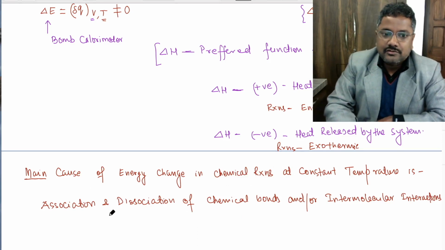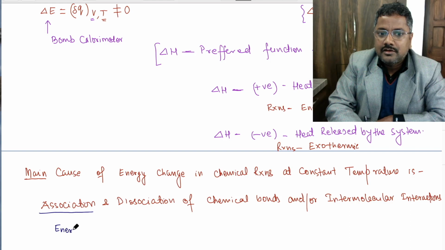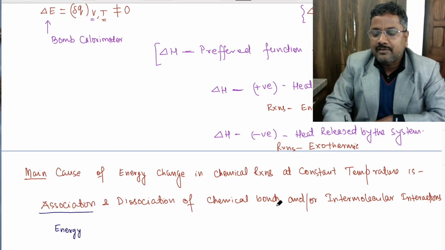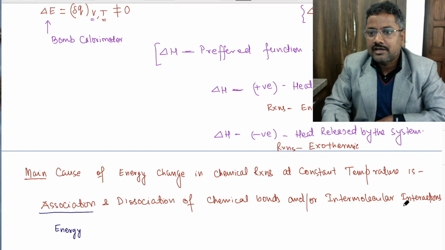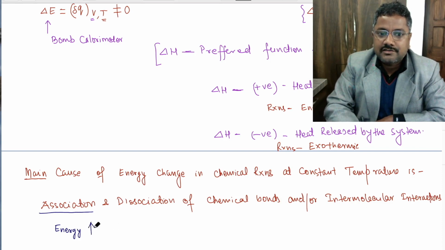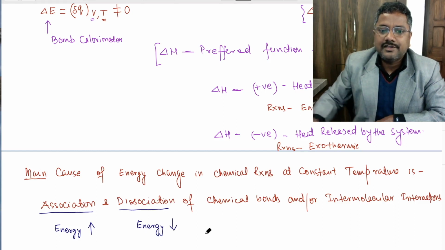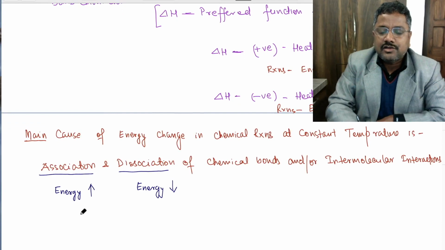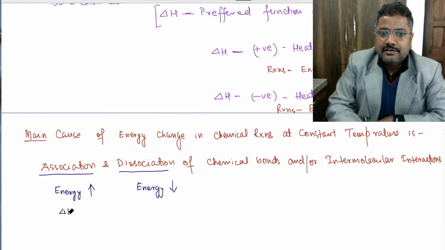All of you must know that in association, energy is released, whether it is association of chemical bonds, chemical bond formation, or intermolecular interaction. And in dissociation, energy is always absorbed. If you measure this energy at constant temperature and constant pressure, then this is delta H.